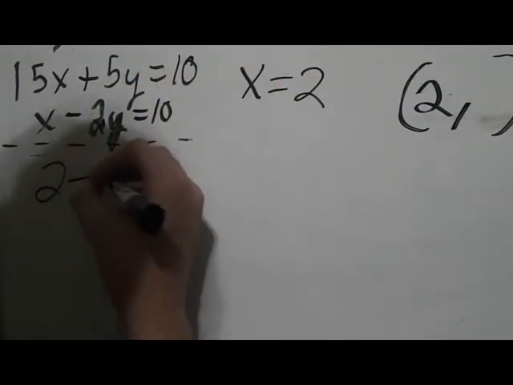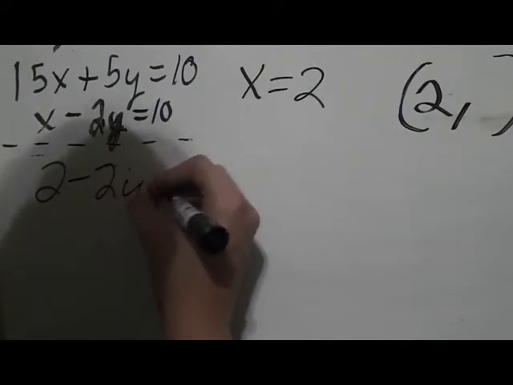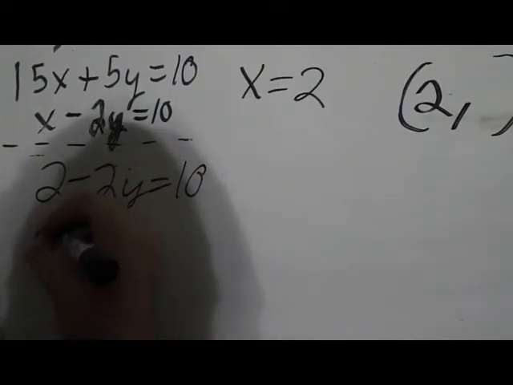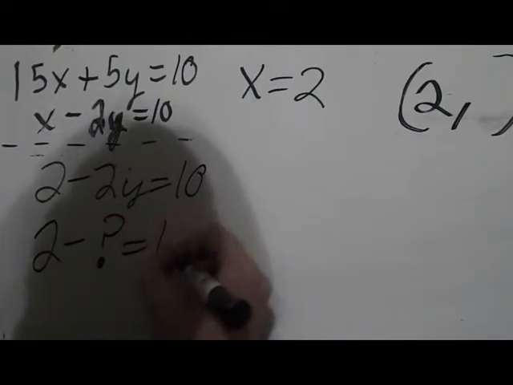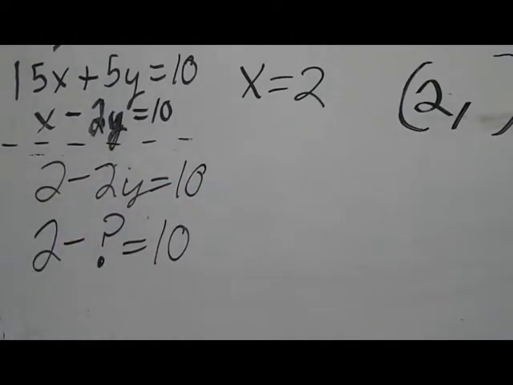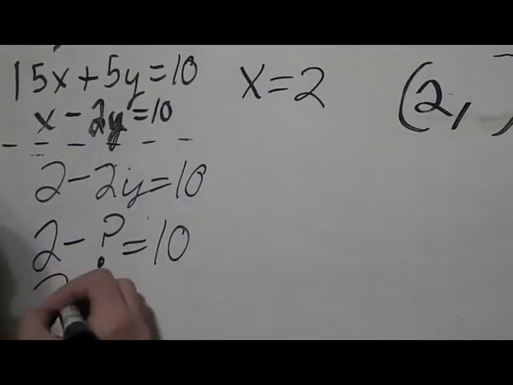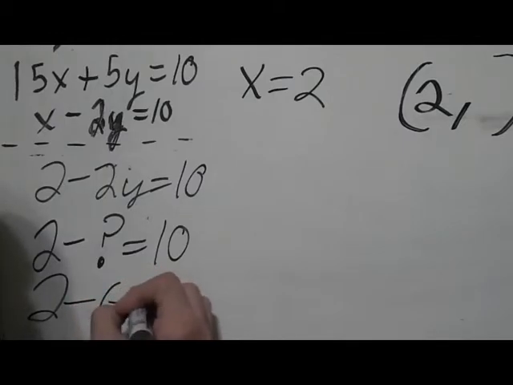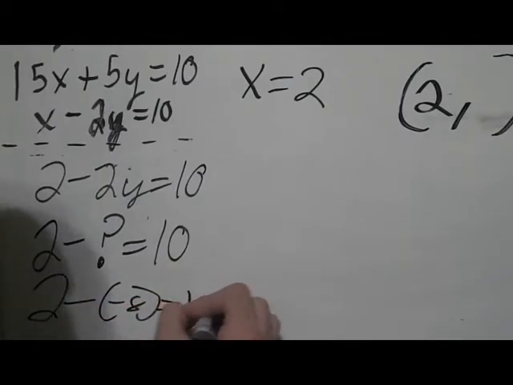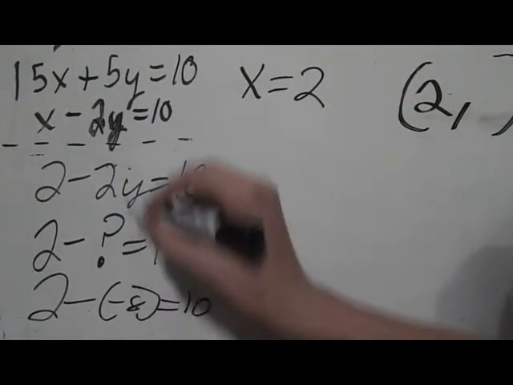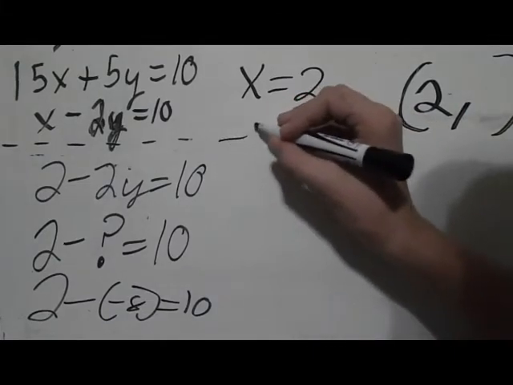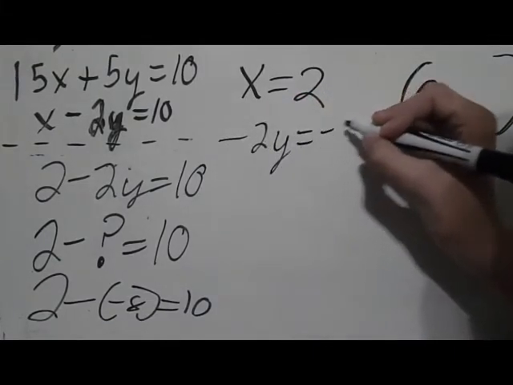So 2 minus 2y equals 10. So in other words, we're figuring out 2 minus what equals 10. Well, 2 minus, this is pretty simple, 2 minus negative 8 equals 10. So since negative 8 equals negative 2y, I'm going to put that over here.